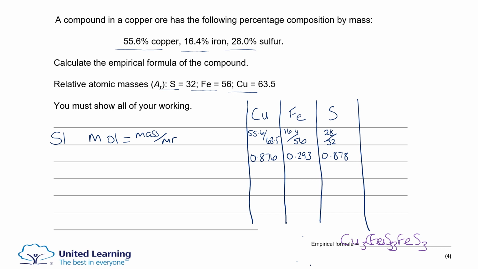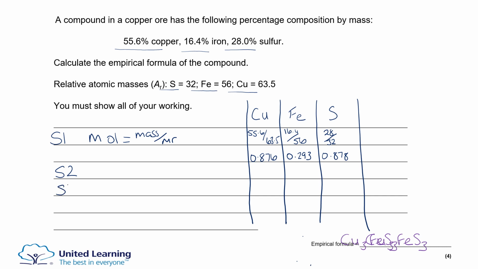Step 2 is now that we look at our lowest figure and divide the other values by it to work out the ratio. And so if we just have a look now, our lowest figure is 0.293, and 0.293 will divide into 0.878 roughly 3 times.